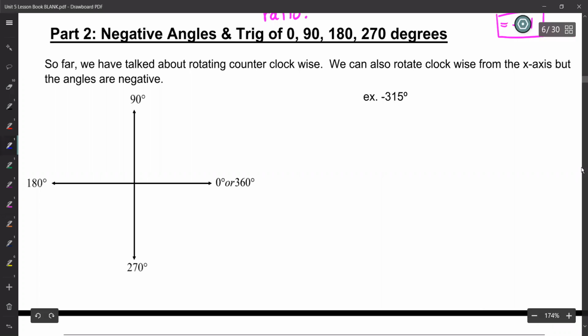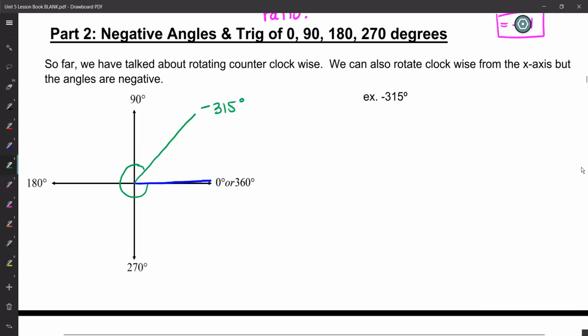So if I rotate, for instance, negative 315 degrees, I would start here and rotate 315 degrees in this direction, which is about right here. So this is negative 315 degrees, rotating from 0 clockwise.